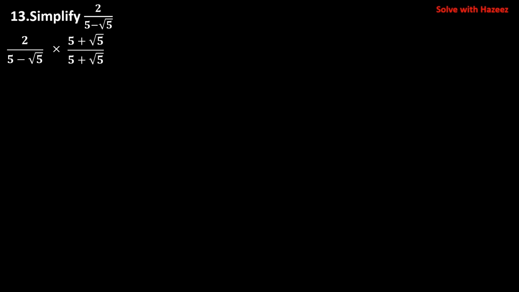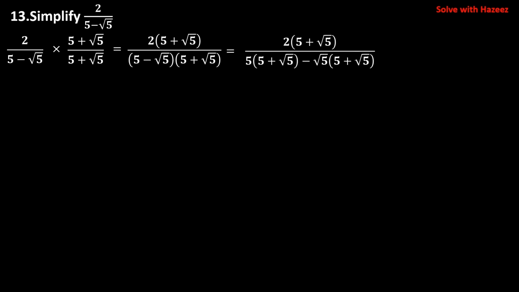So multiplying the numerator by the numerator and the denominator by the denominator, we'll be having 2 multiplied by 5 plus root 5 in a bracket. Then at the denominator we have 5 minus root 5 in a bracket multiplied by 5 plus root 5. So at the numerator we'll be having 2 open bracket 5 plus root 5.